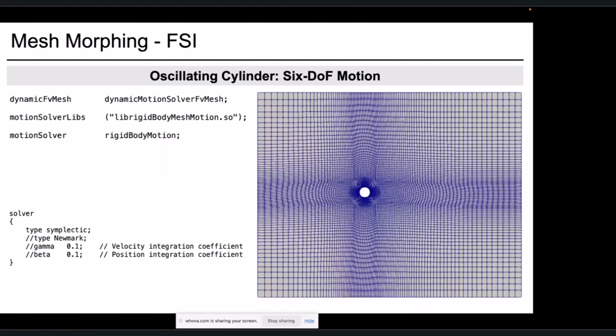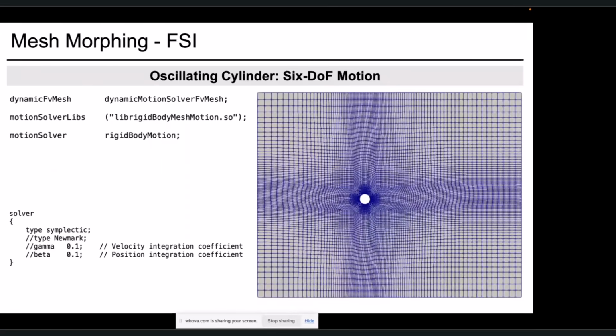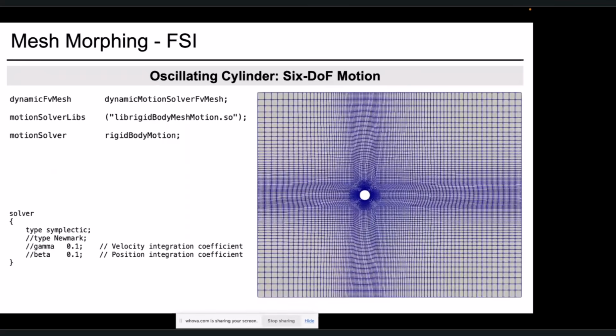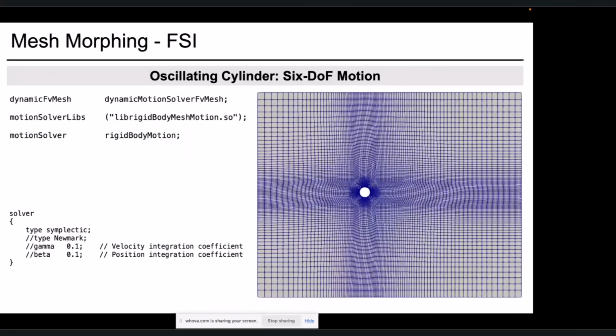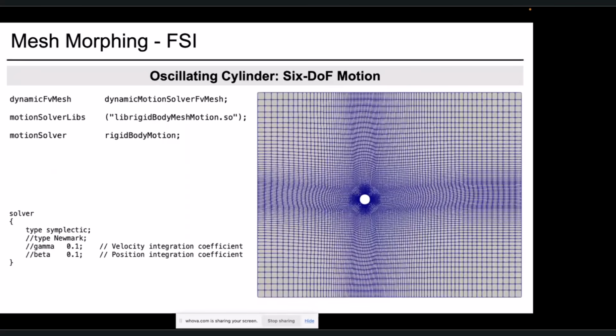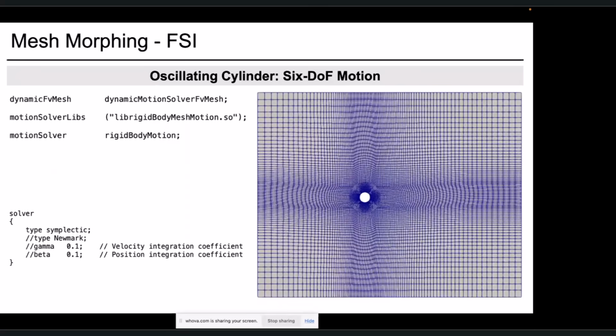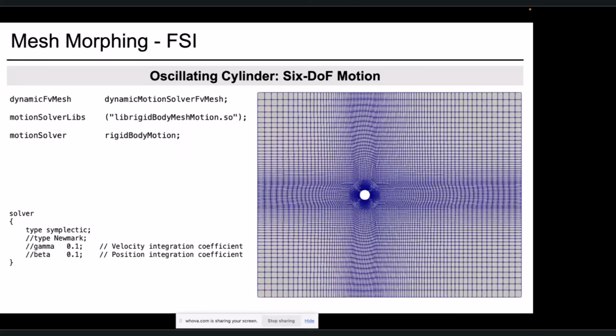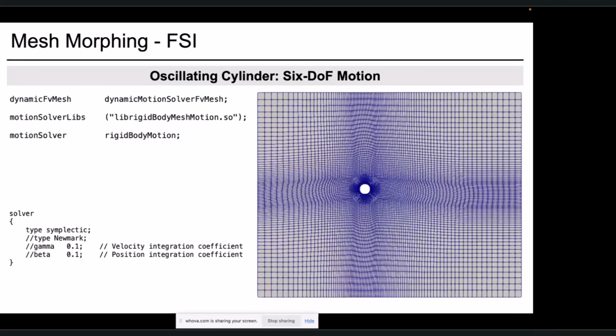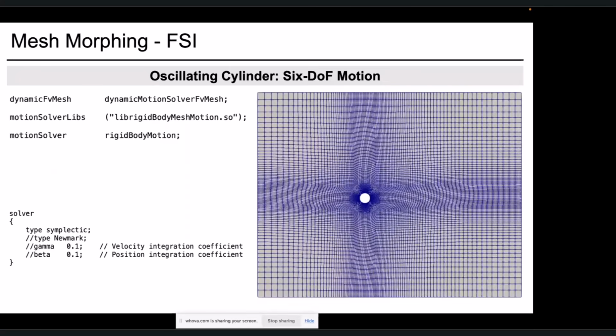One is symplectic, another is Newmark, which takes into account the numerical integration of the Newmark-beta method. Each of these numerical integration techniques has its own parameter values, such as Newmark, which has two parameters, beta and gamma.